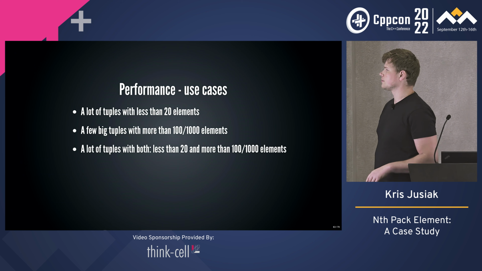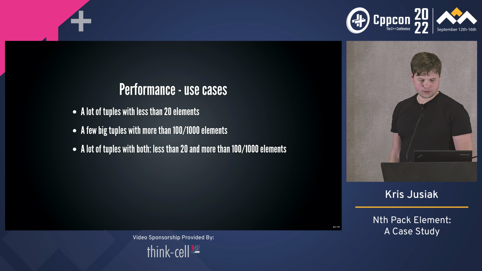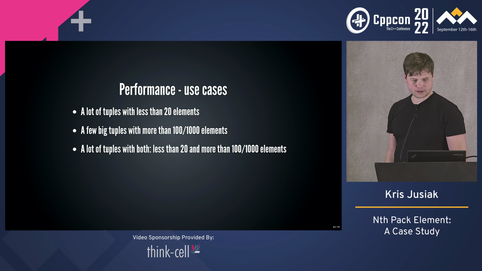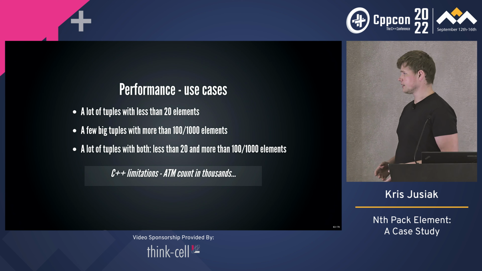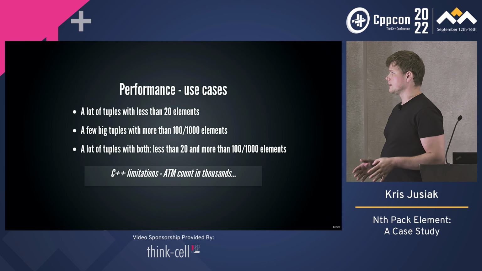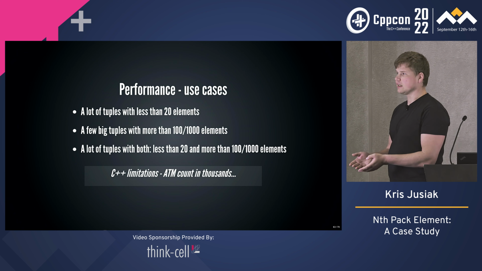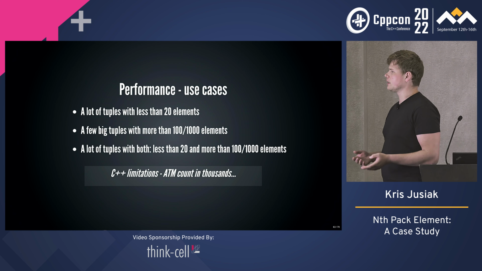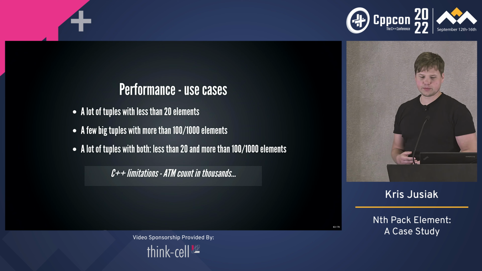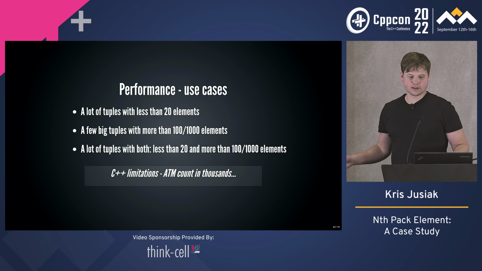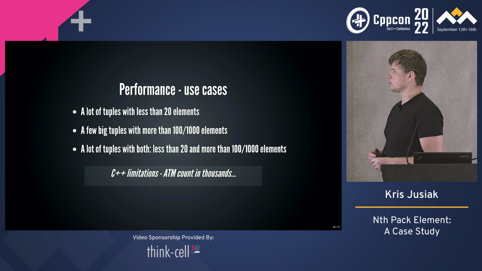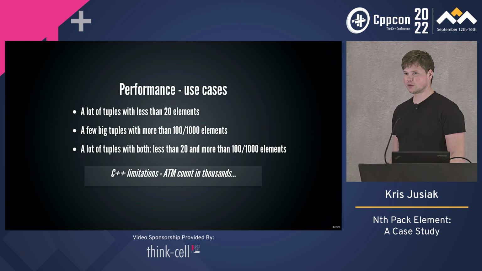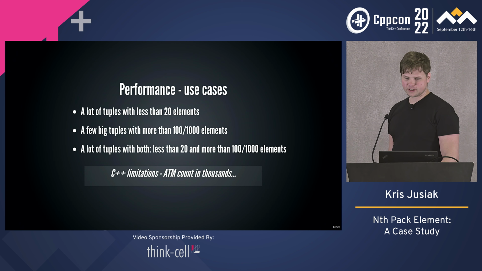That's the case I'm in, so we'll see how that compares. I just wanted to point out that C++ obviously has limitations. MP11, as I pointed out, is really optimized, but we're still in thousands. We cannot compile millions of elements in the tuple. You wonder why? Anyone would want that? Grab me afterwards.